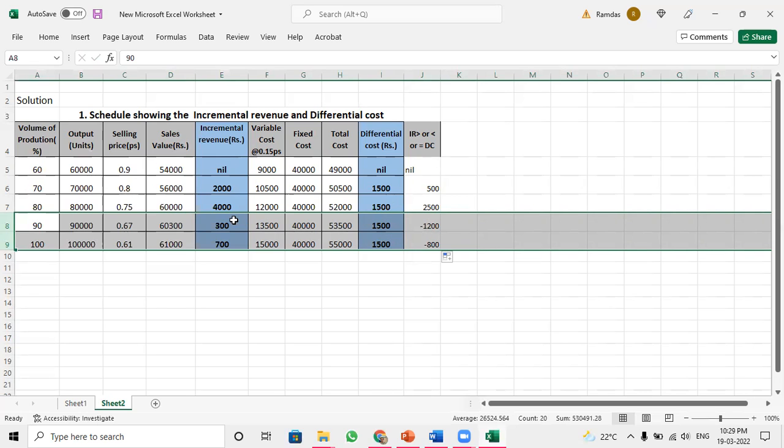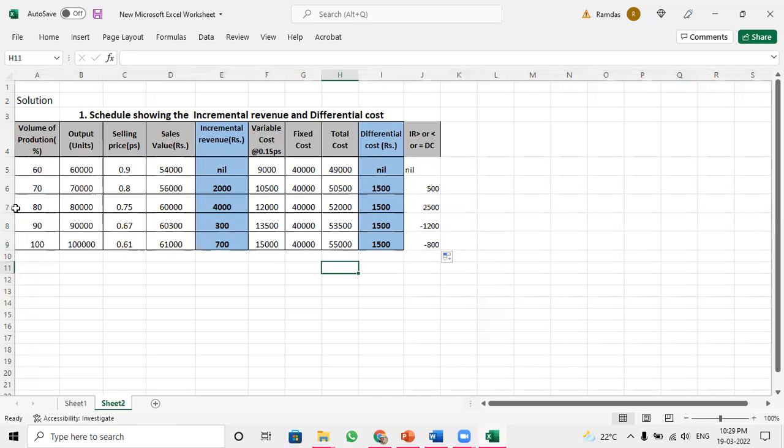You have 300 rupees as your revenue, but your cost is 1,500. So there's a difference of 1,200. And at 100% capacity, you have 700 as your incremental revenue, but the cost is 1,500. So your differential cost is more.